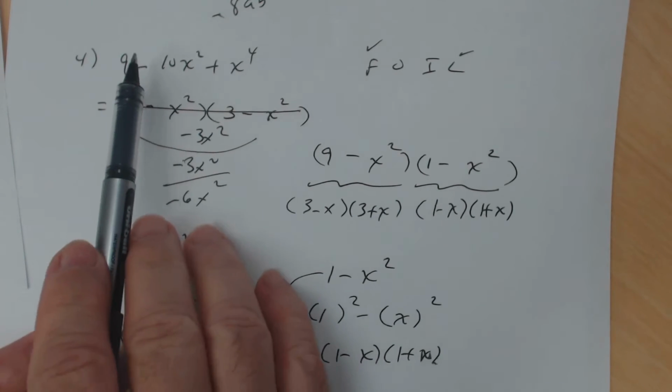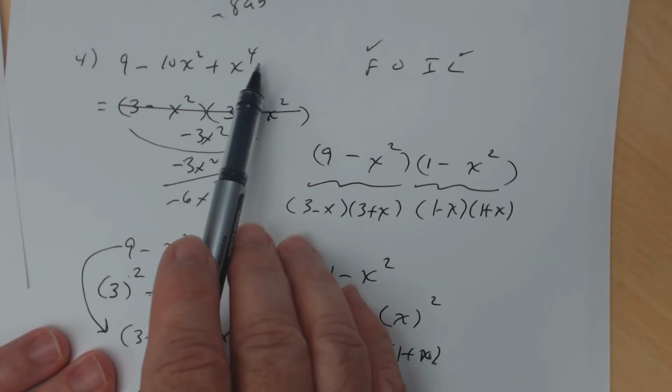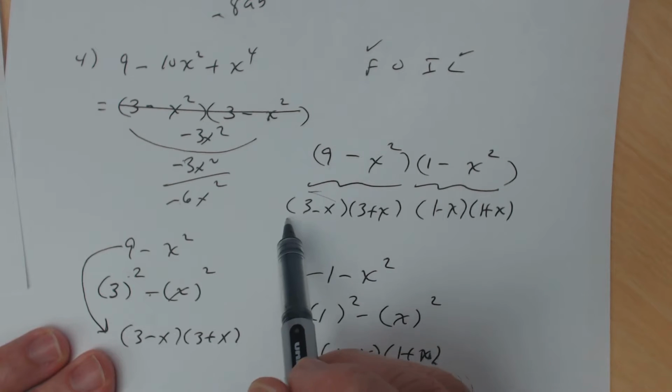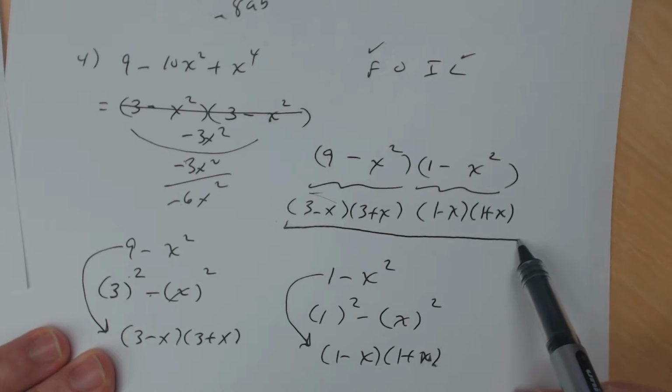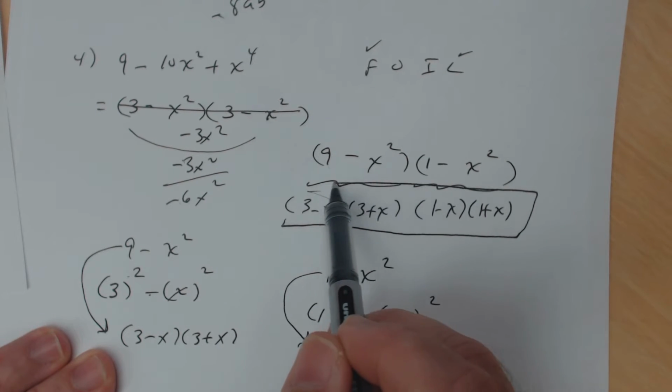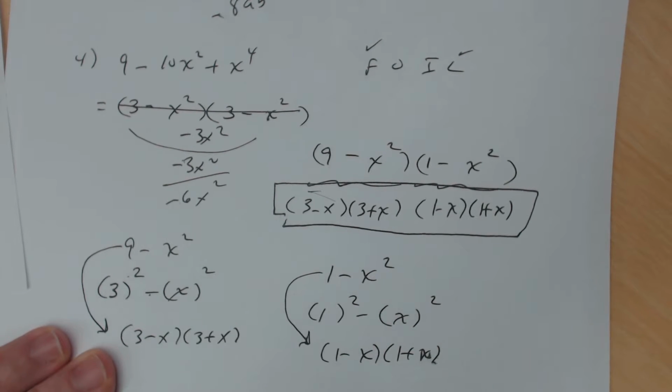And so this 9 minus 10x squared plus x to the 4th, the complete factorization is this. That's your complete factorization: 3 minus x times 3 plus x times 1 minus x times 1 plus x.